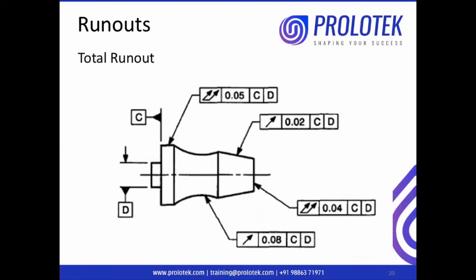So here is an example of using radial runout and total runout.